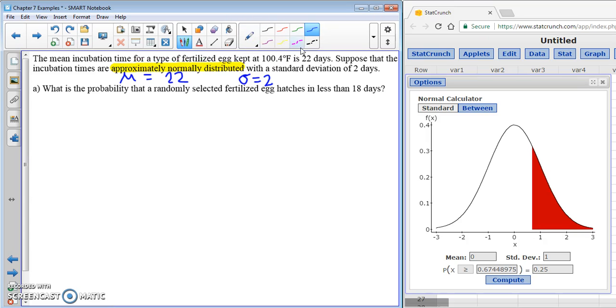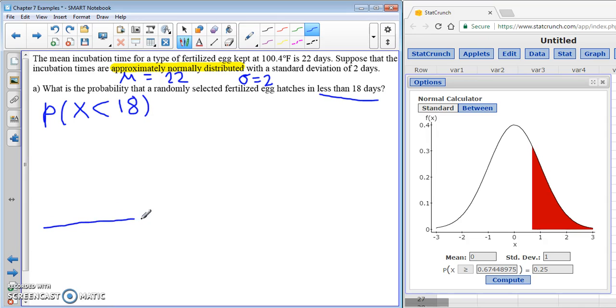So part A, we want to know what is the probability that a randomly selected fertilized egg hatches in less than 18 days. So we're looking for the probability that X, and now we're working with X, is less than 18. That's what we're looking for.